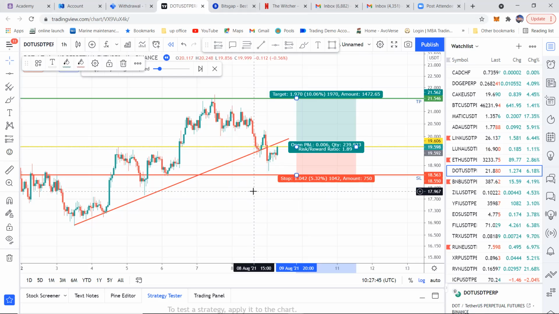$1,000. So we know that from here down to here is a 5% drop. We'll just use nice round figures.